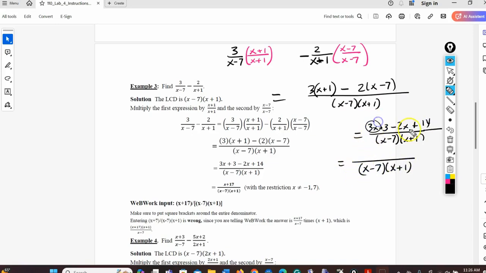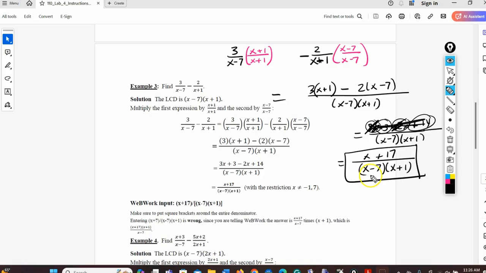And then I have 3x minus 2x is 1x, which I'll just write as x. And then 3 plus 14 is 17. And then there's nothing more to cancel. If that had been an x minus 7 or an x plus 1, I could have canceled it with one of those in the denominator, but it's not.